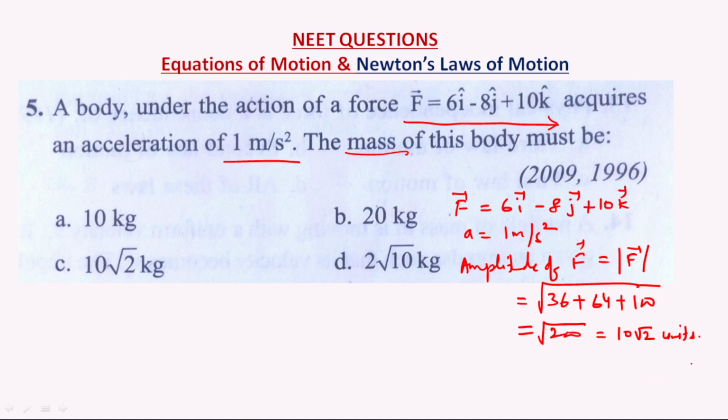So for the mass of this body, F is equal to ma, mass into acceleration. Acceleration is 1 meter per second square, and F we got is 10 root 2. So mass is 10 root 2 kg. So answer C is correct, 10 root 2 kg.